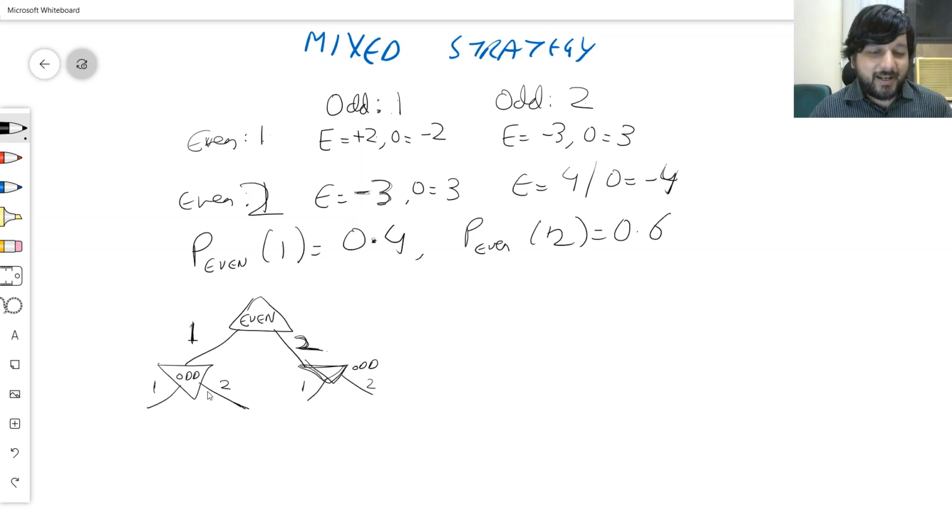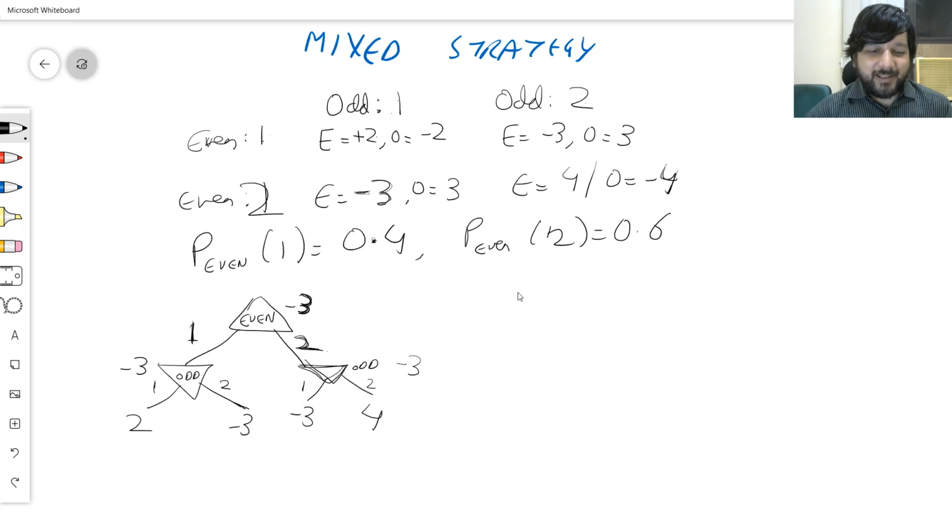Even is my match, so the payoffs are for even. So 2 even wins, 3 even loses, 3 even loses, 4 even wins. Odd will pick the action that gives even the least, which is minus 3, and even will take the minimum of them, which is minus 3.